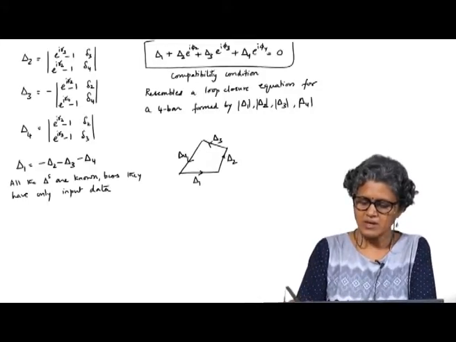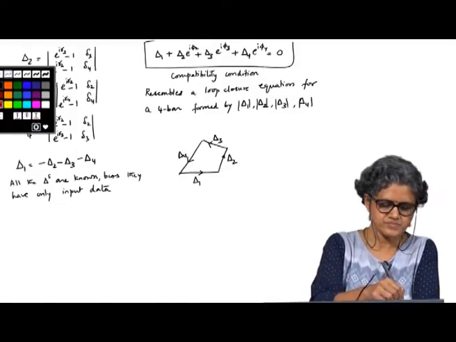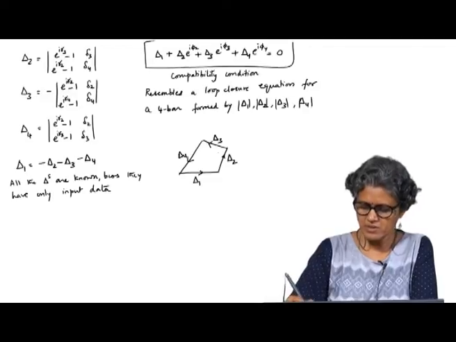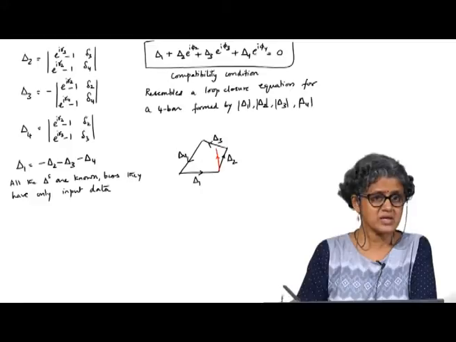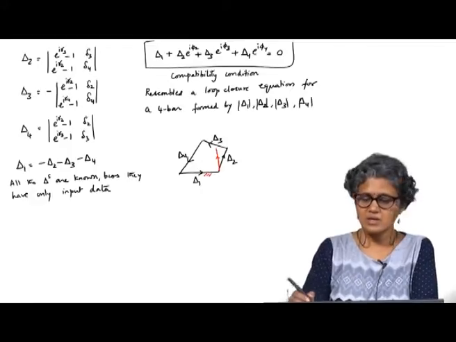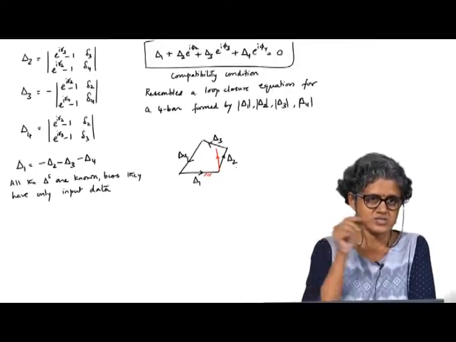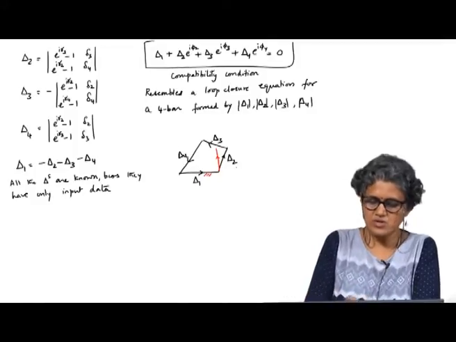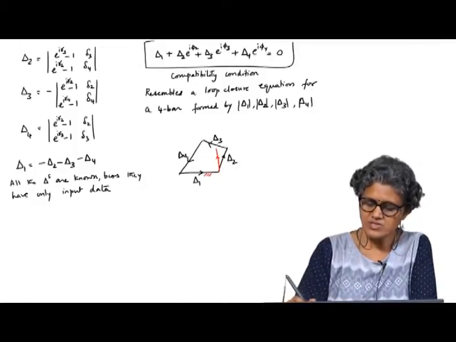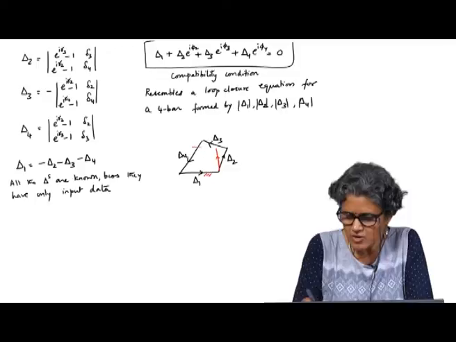Okay. Now, if this vector I rotate by some amount, then this vector becomes, delta 1 remains the same, it is the fixed link of this 4 bar. You see there is no phi 1, there is no angle associated with that, I can think of that as a constant.